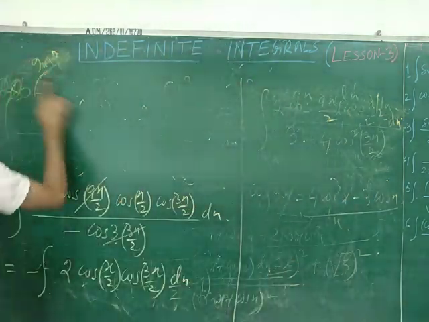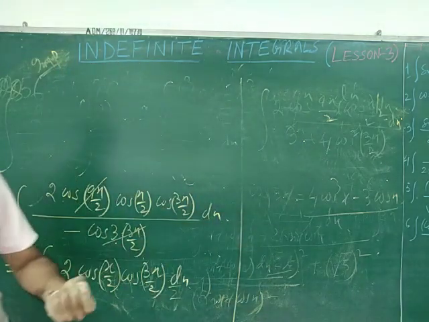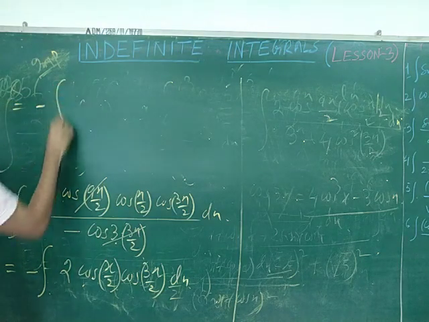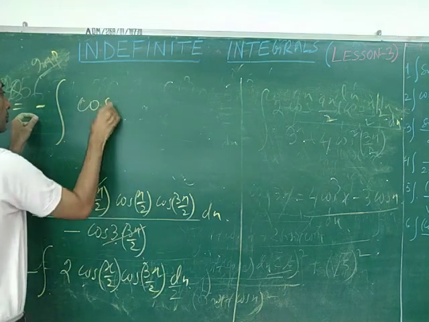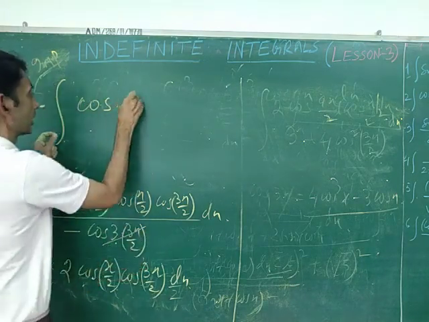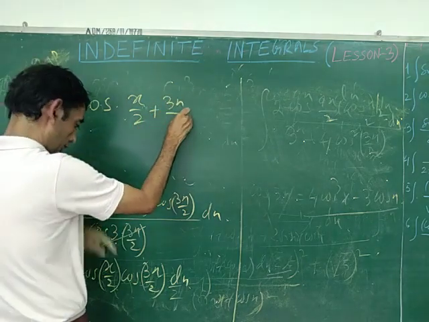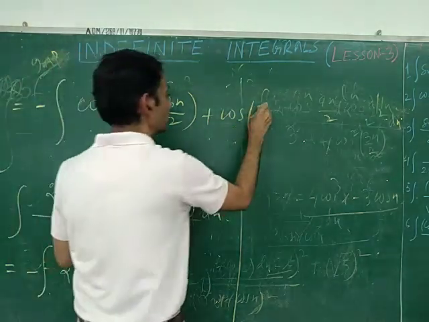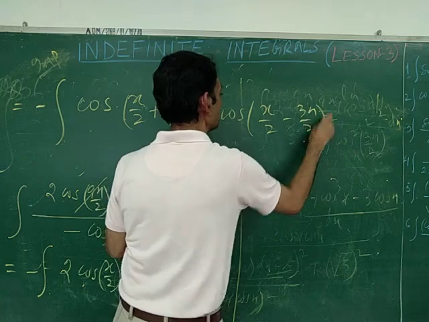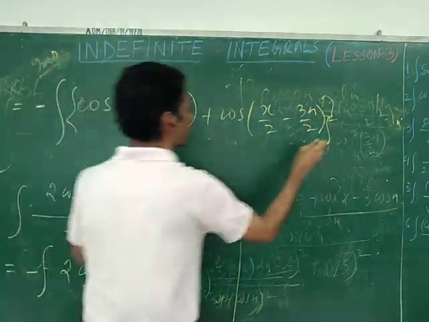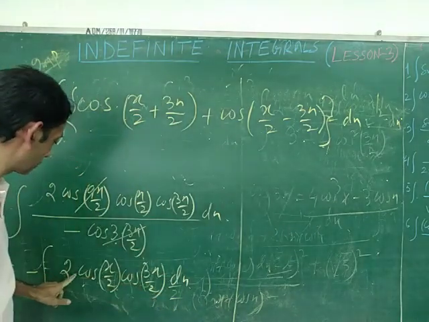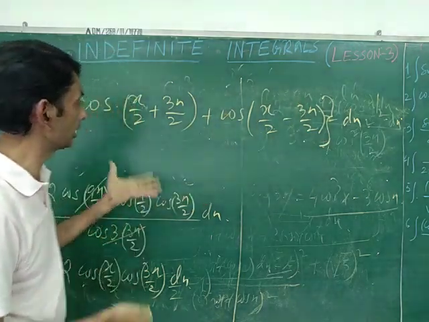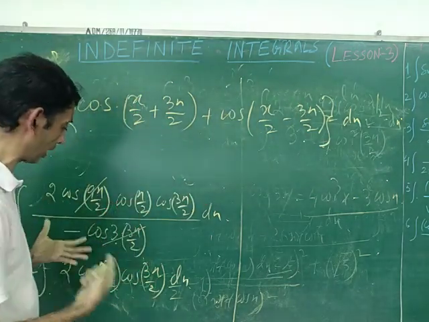These are all very useful formulas, and you have to keep using them in different questions. Now, 2 cos A cos B means cos of A plus B, that is x by 2 plus 3x by 2, plus cos of A minus B, that is x by 2 minus 3x by 2, dx. In case you don't remember this, I can give you a trick.